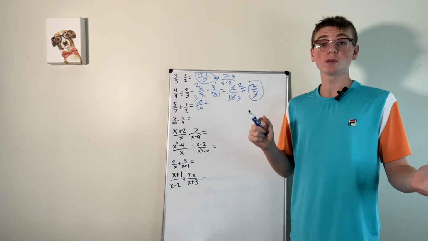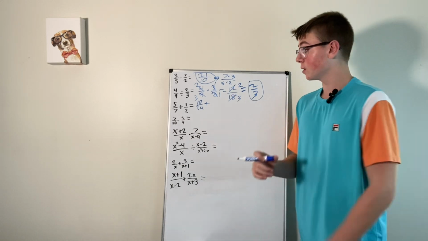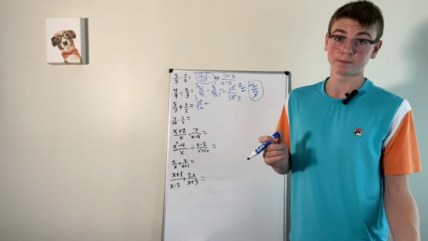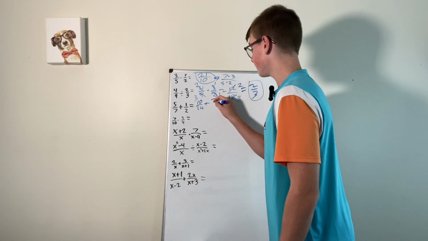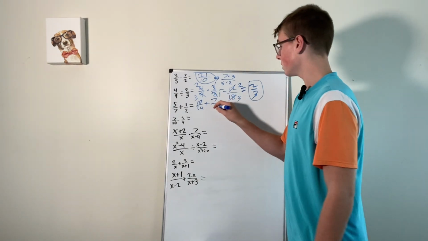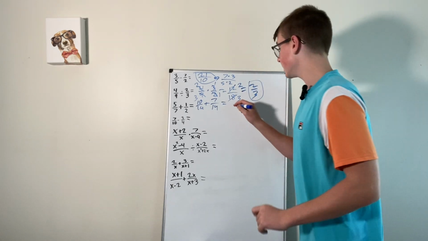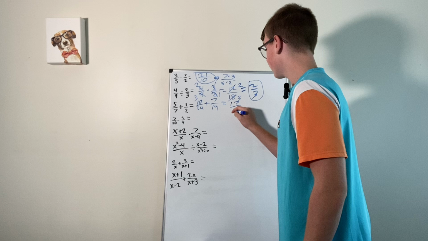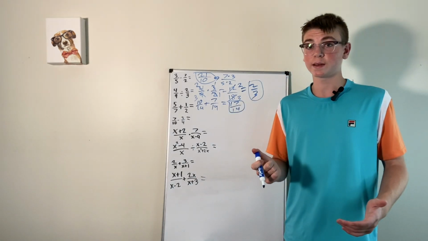If you want to turn that into something over 14, you have to multiply it by 7 over 7, because 2 times 7 would be 14. So 1 times 7 is 7, and 2 times 7 is 14. Then if we add those, 10/14 plus 7/14 is 17/14. And then you can't simplify that.